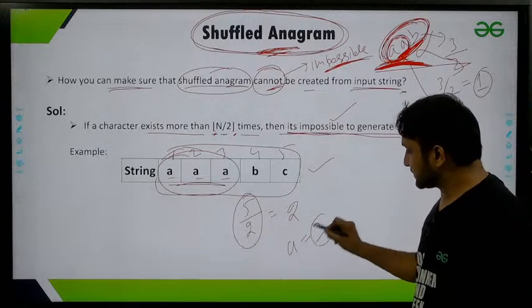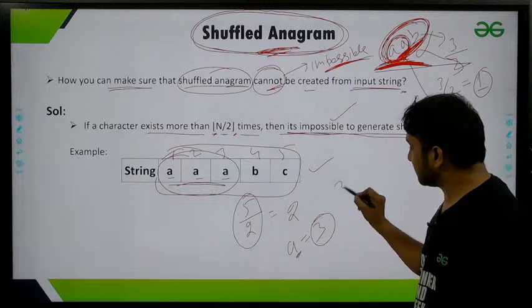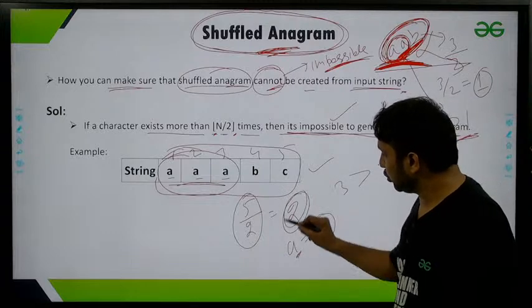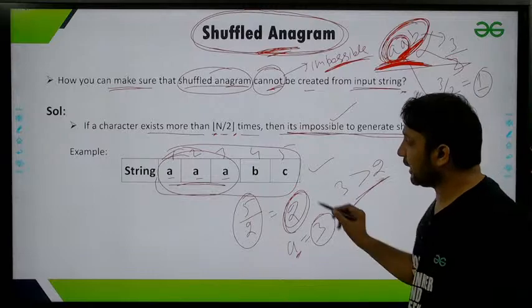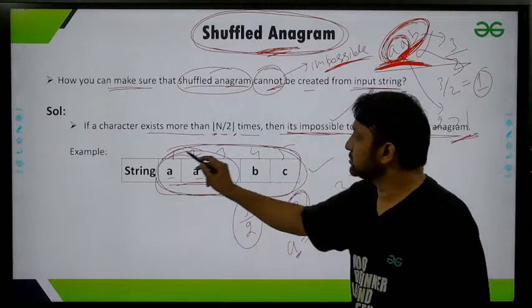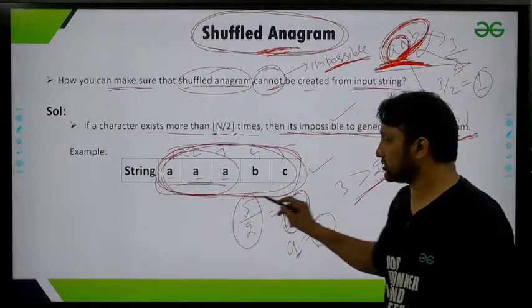If the frequency of any character is more than this value, then I can say that I cannot generate a shuffled anagram for this string.